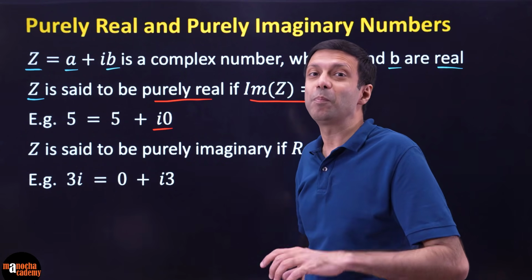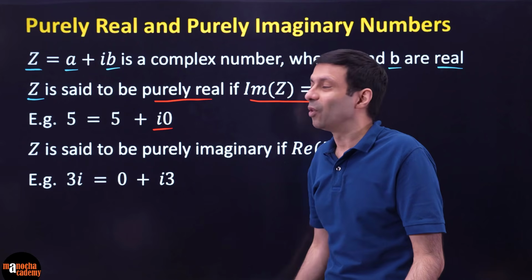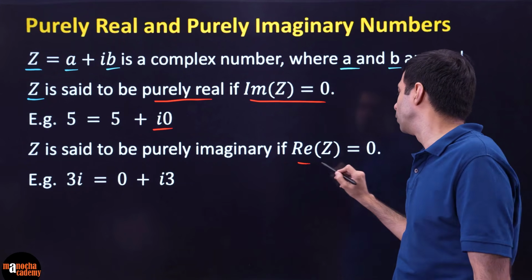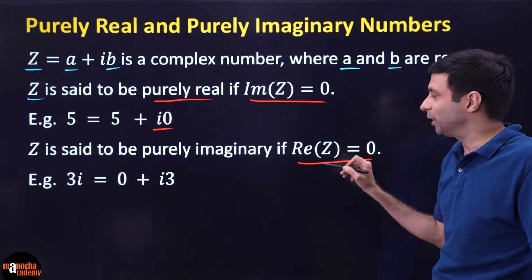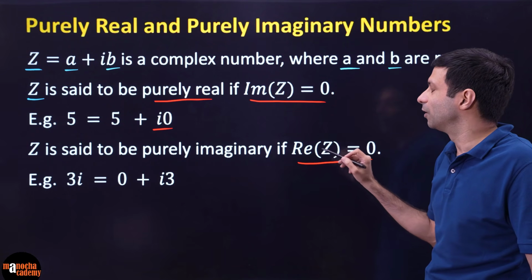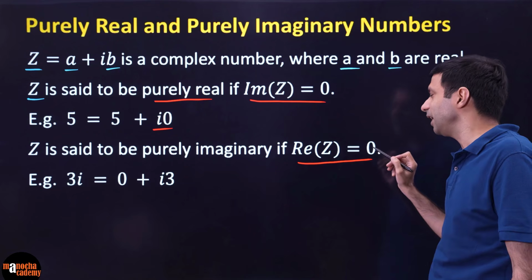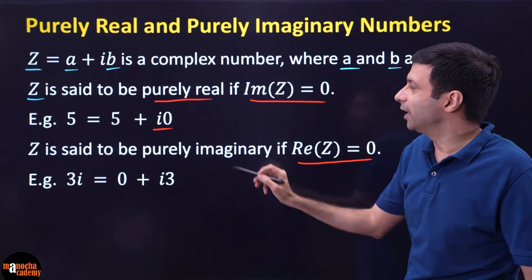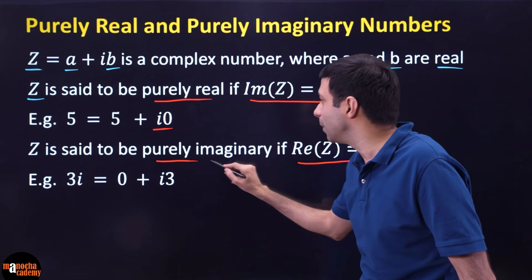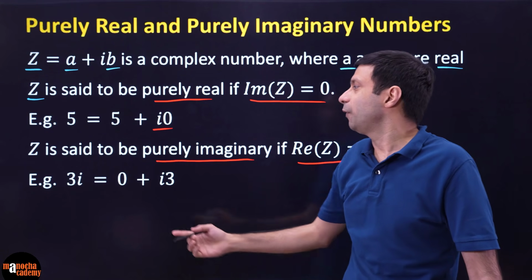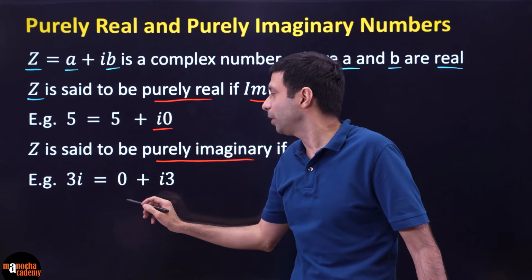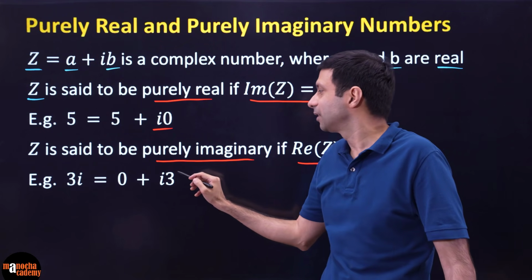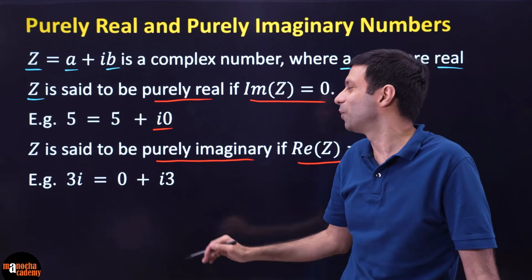Similarly, you can have a purely imaginary number when the real part is 0. So this we represent like this, REZ. This means the real part of the complex number, REZ. So if that is 0, then the number is purely imaginary. So for example, if we take just 3i you can write in this form, a plus ib form. It's going to be 0 plus i3 or 3i, whichever one you want to write it.